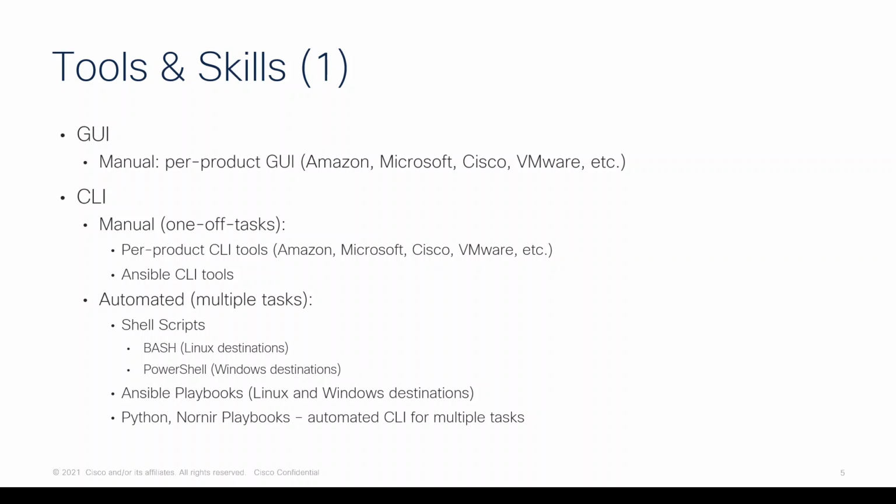Again, you've got to have a means of transport, and that's SSH for Linux or WinRM for Windows, and then you also need a mechanism for execution, which is going to be Python, because Ansible is based on Python.